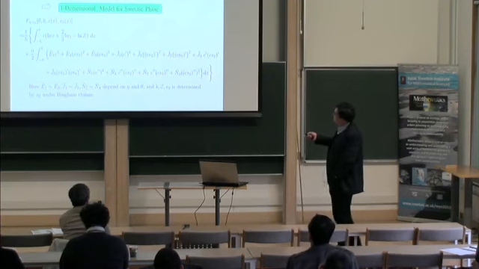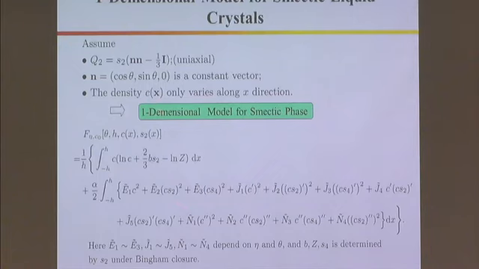So now I can get the one-dimensional model for the smectic phase. From here to here is exactly what we call the zero order term. This is the second order from here. This is the first order. It means this model is similar to the Landau-de Gennes model.